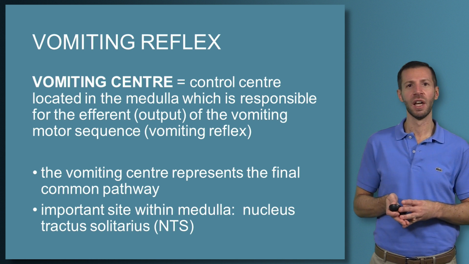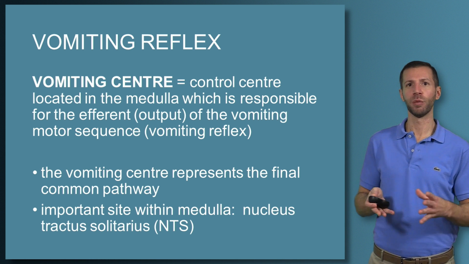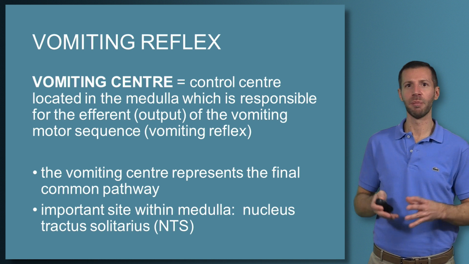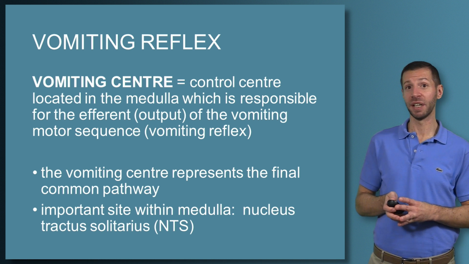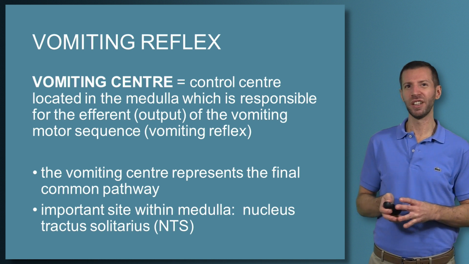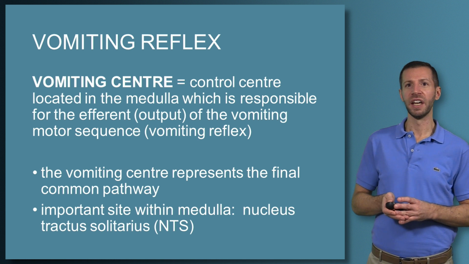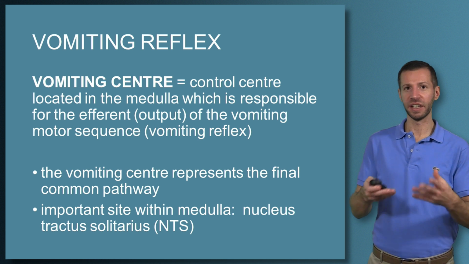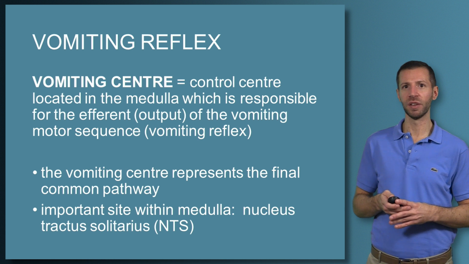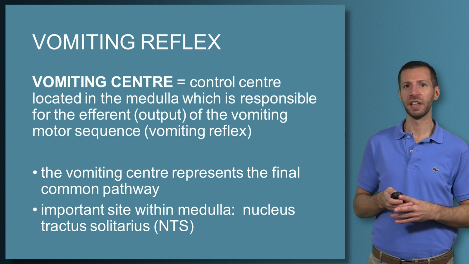The main center of the vomiting reflex is the vomiting center, as it's referred to. It's the control center located in the medulla of the central nervous system. It's responsible for all the efferent output of the vomiting motor sequence, and all the afferent input goes to this vomiting center.